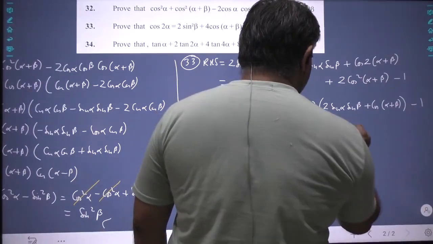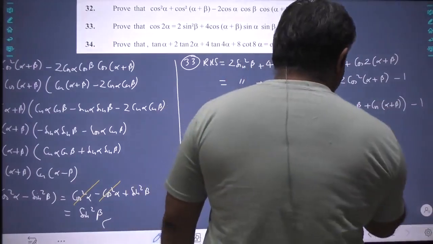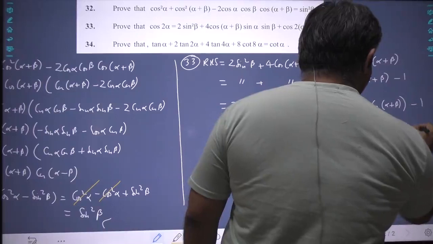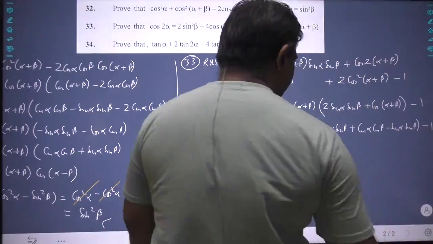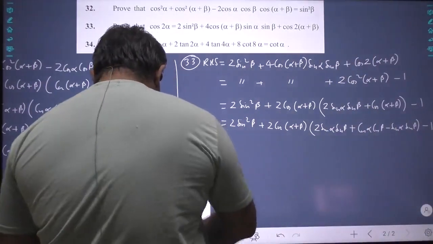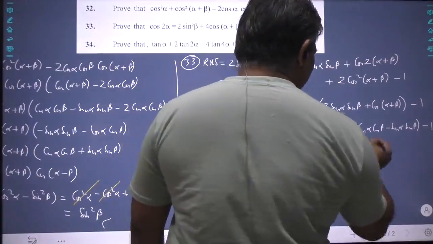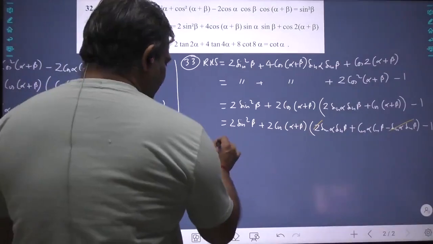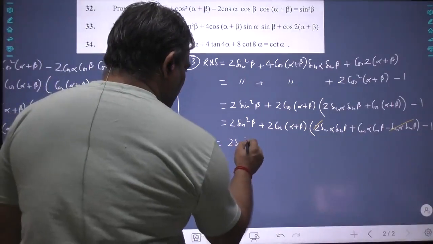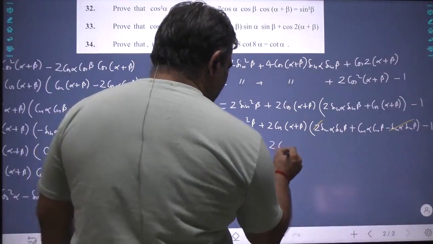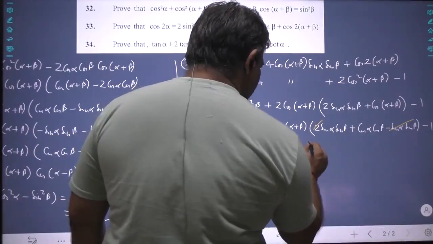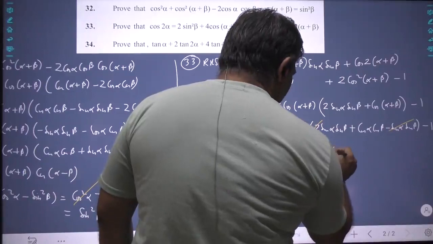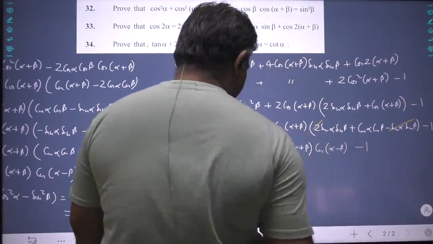Sin alpha sin beta. Expand this. So this comes out to be cos alpha cos beta, sin alpha sin beta, minus 1. So definitely that 2 and this get cancelled. So inside you will get 2 sin square beta, 2 cos alpha plus beta, cos alpha plus beta plus sin alpha plus beta is cos alpha minus beta minus 1.